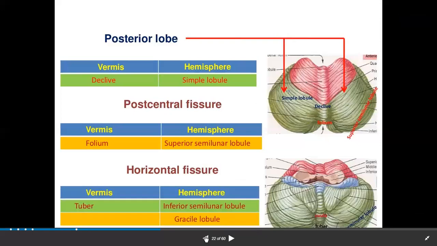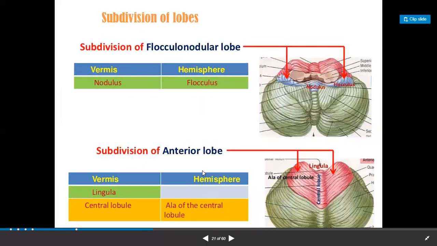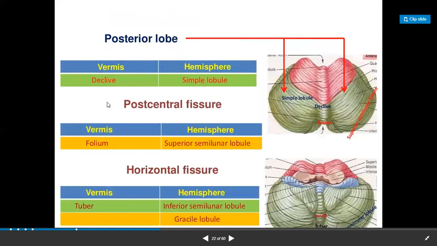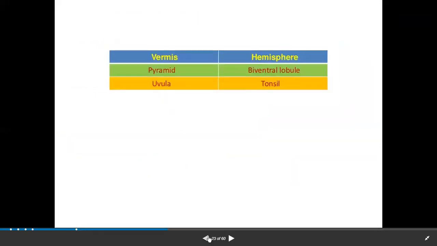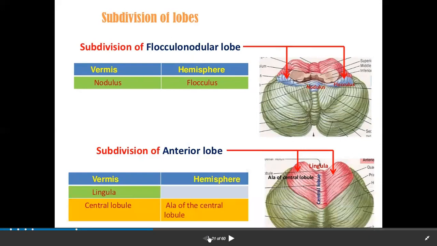So overall, there is a code. Of the subdivisions of vermis, starting from the anterior lobe, we have L, C, C, D, F, T, P, U, and the last one comes as N, that is the nodulus.